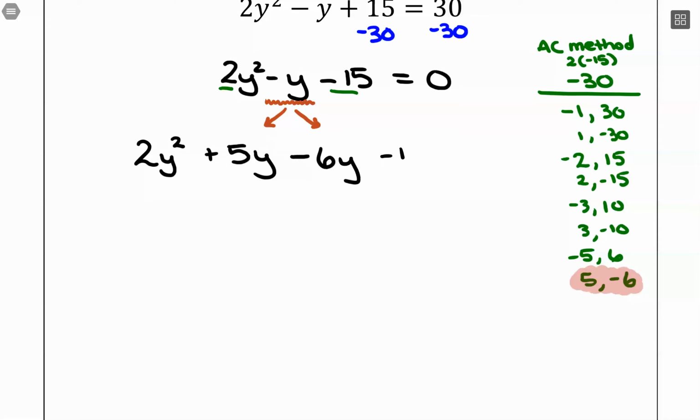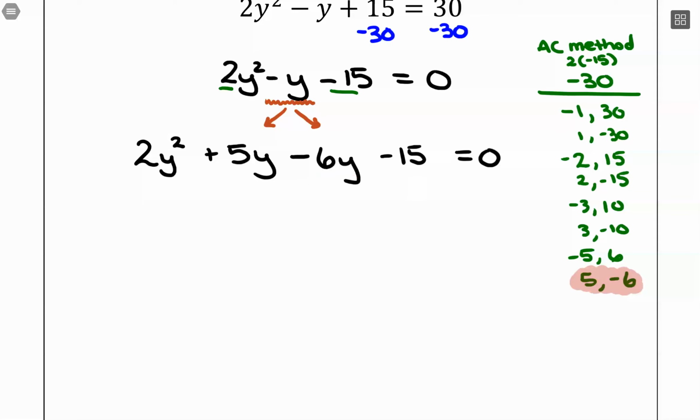Then we still have our minus 15 at the end, and that all equals 0. So we just rewrote that negative y as a separated, unsimplified middle term, because if you take plus 5y minus 6y, you do get negative y. But separating this gives us 4 terms, so now we can factor by grouping.